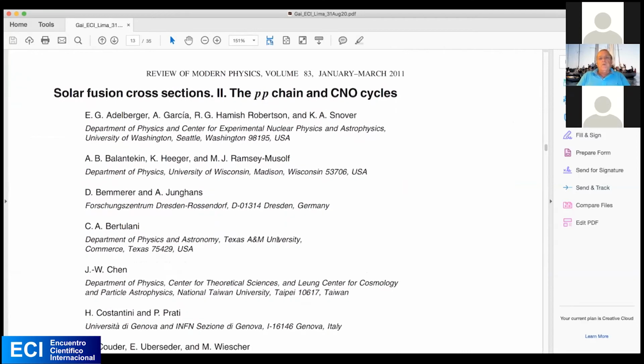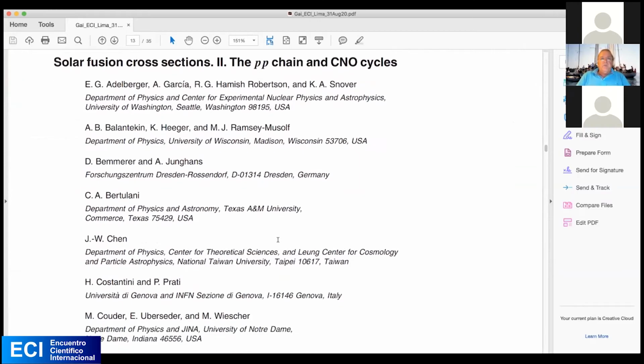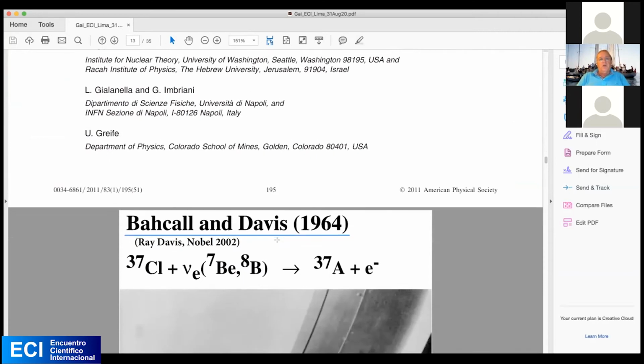In 2011, some 40 physicists came together and said, we must clean up this mess. We did, and today we know all the nuclear input with high precision, of the order of 3 to 5%. And we can now look at the standard solar model with high precision.